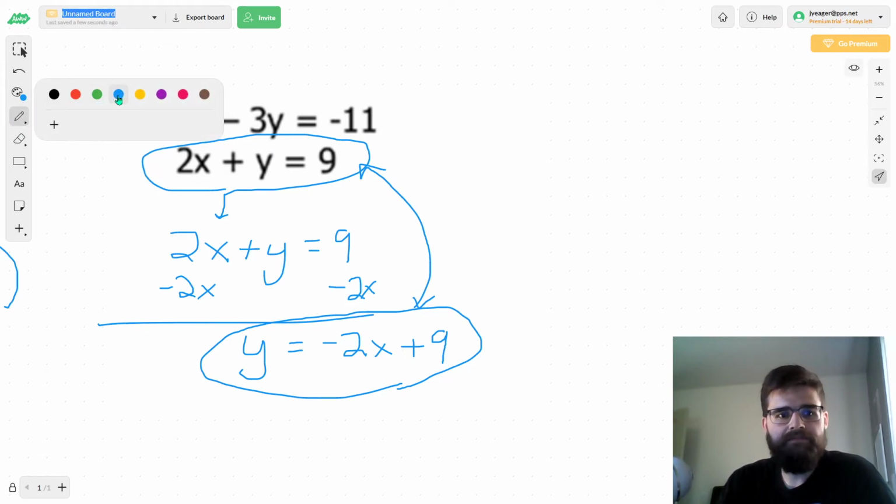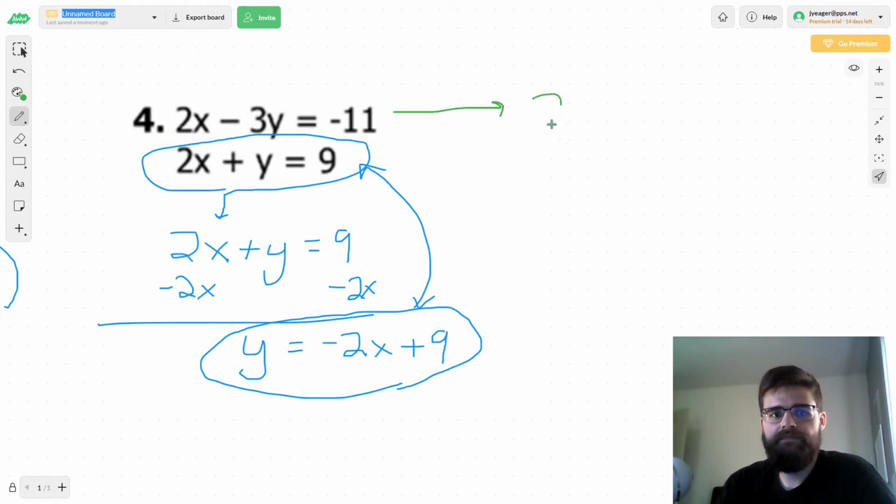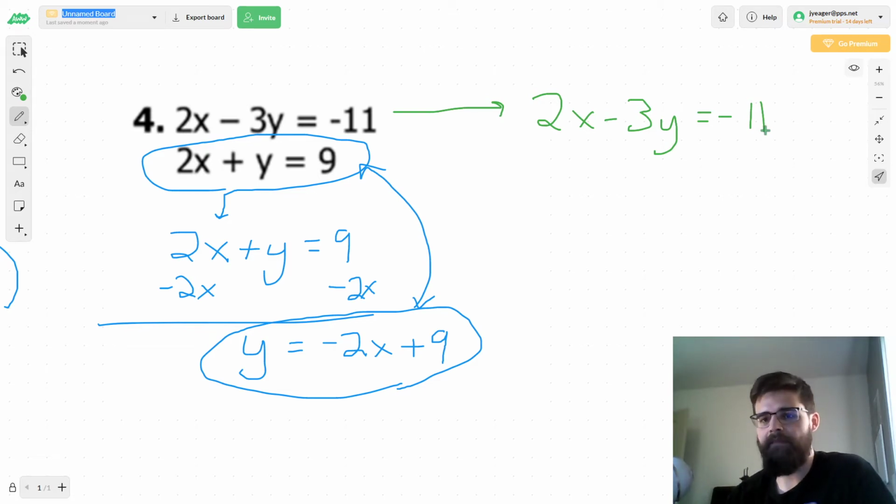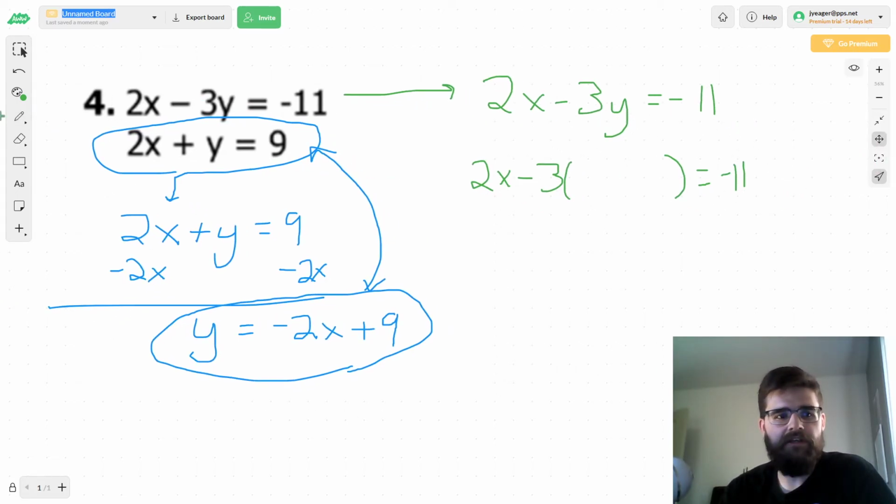So let's try that. I'm going to take this top equation, 2x minus 3y equals negative 11. You can see how much pencil and paper work this is, which means I'm going to really need you to show your work on this assignment. You can do it on paper and upload a picture, which is probably the easiest way, or you can use something like this that I'm using here.